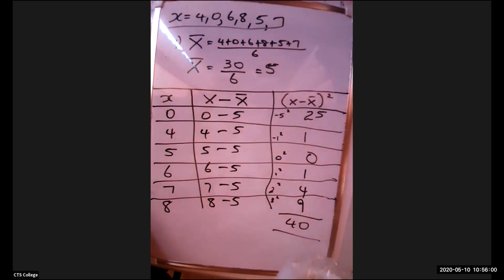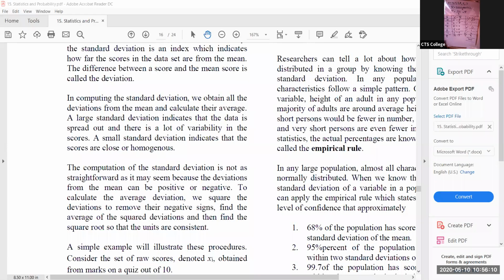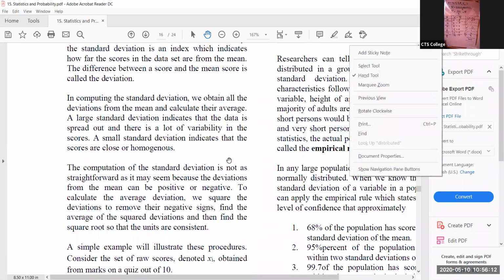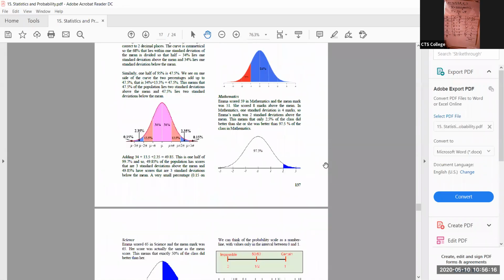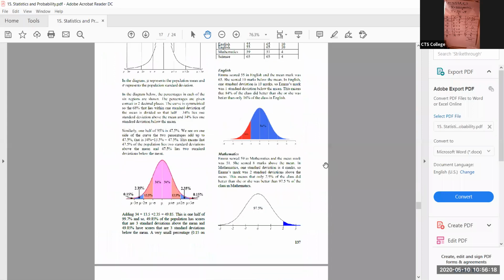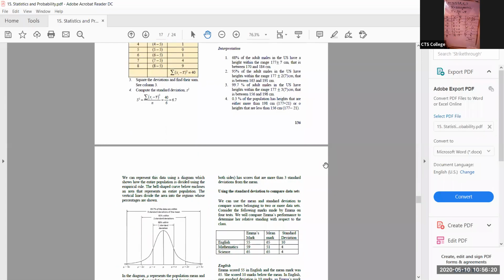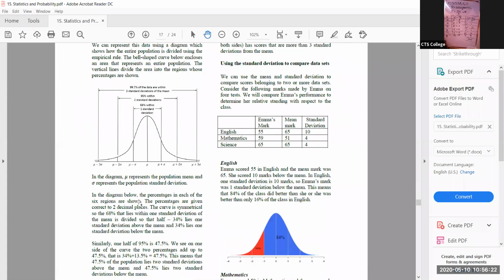So we are almost finished, right? So let's go back to the handout now. All of this is for standard deviation, Shushmita. But all of this, we don't need to teach you all.